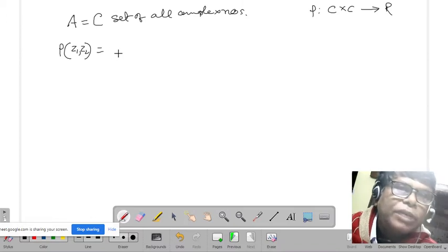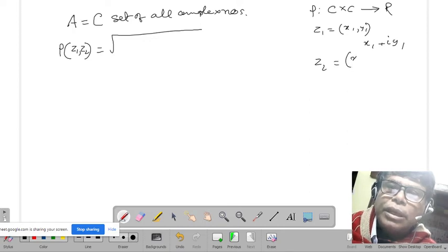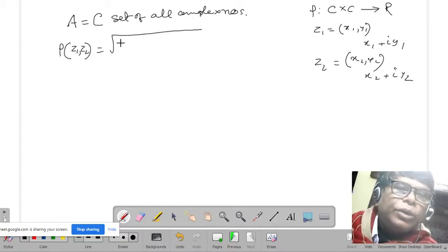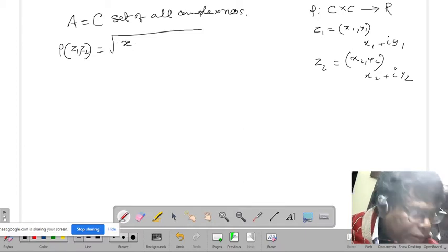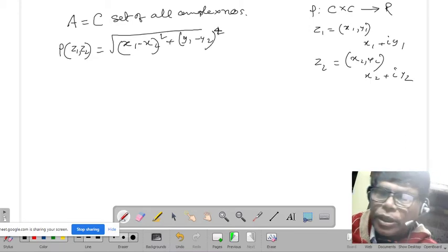So z1 can be written as x1 plus iy1, and z2 is equal to x2 plus iy2. Here you can write rho as the square root of x1 minus x2 whole square plus y1 minus y2 whole square.